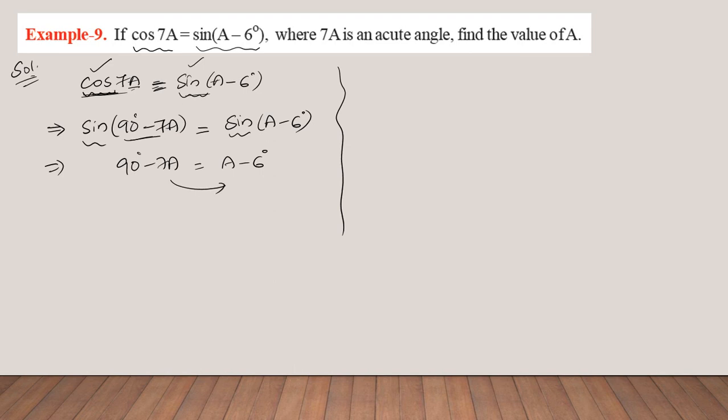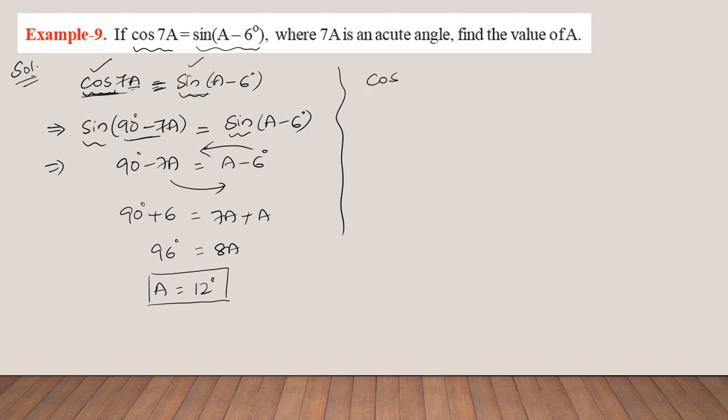Now transposing minus 7a to the right hand side and minus 6 to the left hand side, I can write 90 degrees plus 6 is equal to 7a plus a, which is nothing but 8a is equal to 96 degrees. So a is equal to 12 degrees, since 12 eights are 96. So this is one approach.